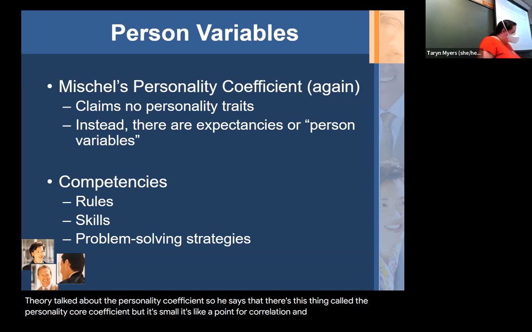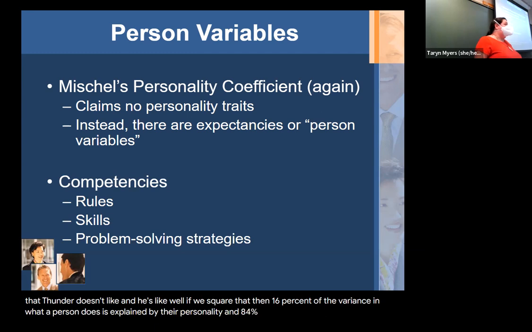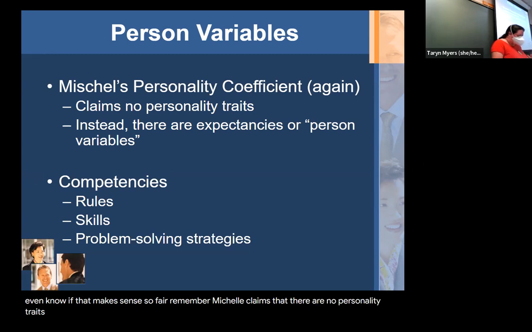And then he uses the thing that Funder doesn't like. He's like, well, if we square that, then 16% of the variance in what a person does is explained by their personality, and 84% is not. And again, Funder's like, I don't even know if that makes sense. So fair. Remember, Mischel claims that there are no personality traits. So then what are they?